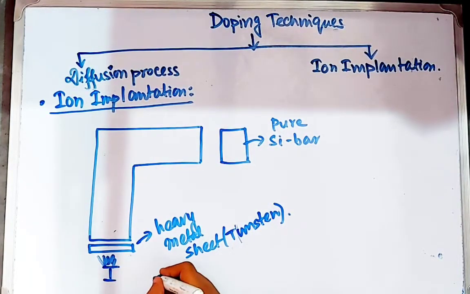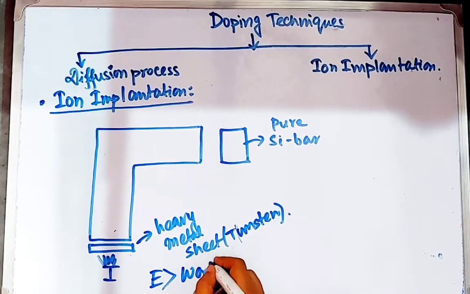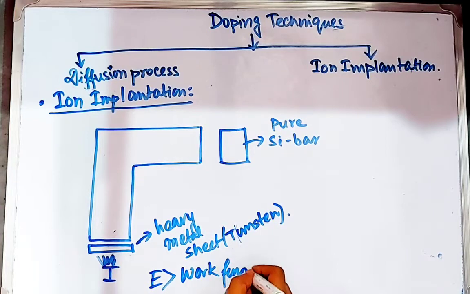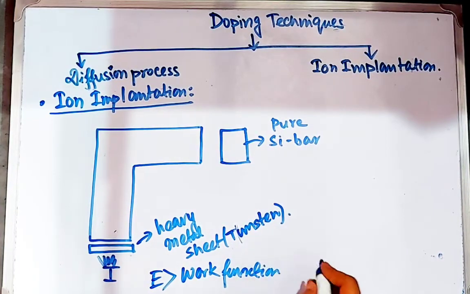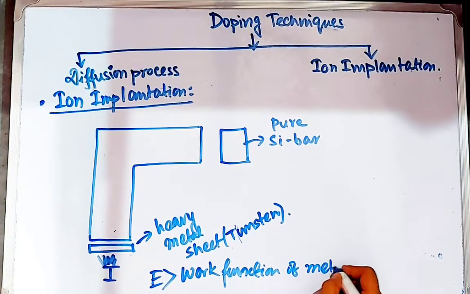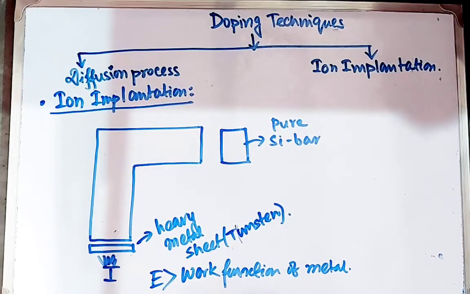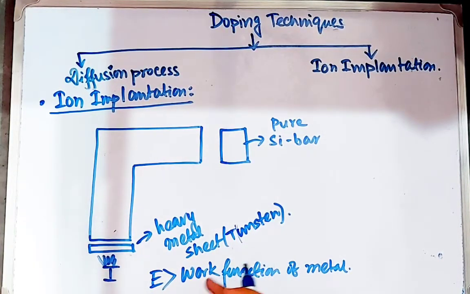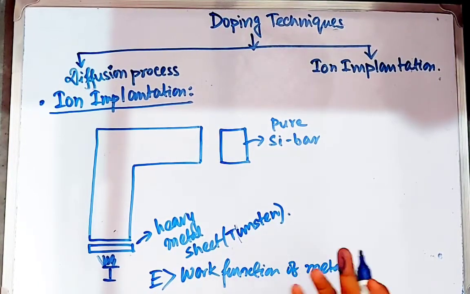But of course, the energy must be greater than the work function of the metal. So what is work function? Work function is the minimum amount of energy that needs to be given to the metal sheet so that it starts removing its valence electrons from its valence shell.